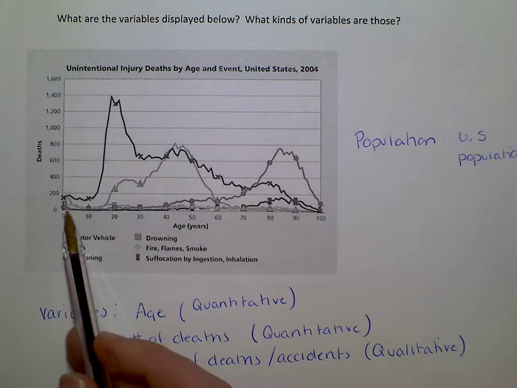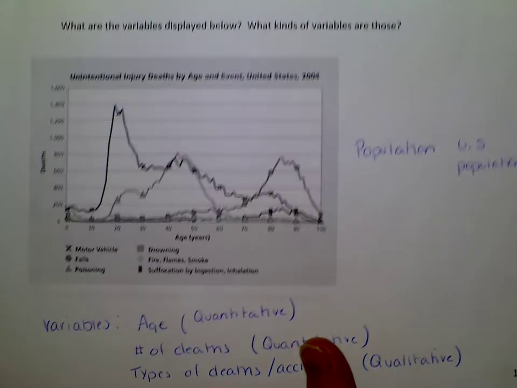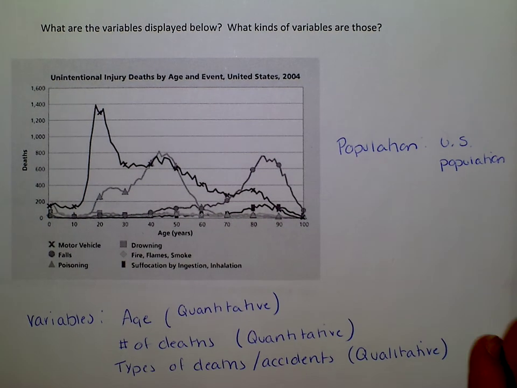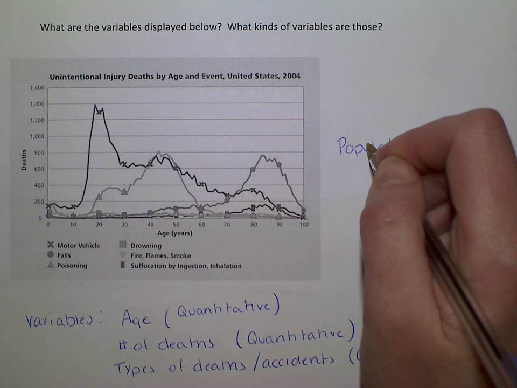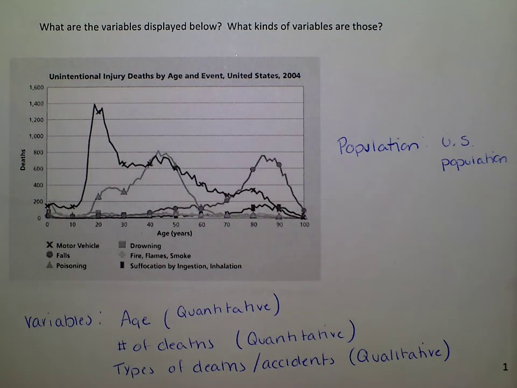And it looks like all ages, right, from newborns to people who are 100 years old. So we're not studying other countries, we're just studying the U.S. Now, they probably didn't interview everybody or gather data from everybody. That's hard to tell. So I don't know if the sample matches the population, but I think we can safely say that this is the group of people we are trying to analyze.